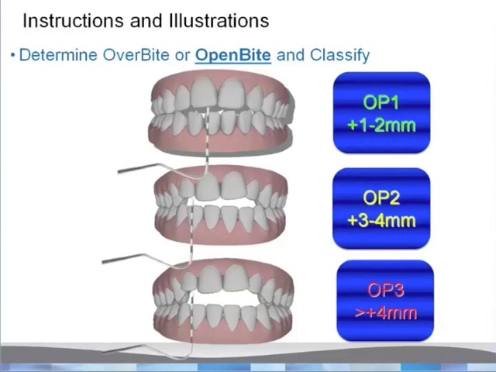If you have a separation between the incisal edges of 1 to 2 millimeters, that would be an open bite of 1. Separation of the incisal edges by 3 to 4 millimeters is an open bite of 2. Greater than 4 millimeters, open bite of 3. And you'll see in the lower drawing, you will always measure the point of greatest separation. And so that's the reason we went to the lateral incisor there in the lower picture.